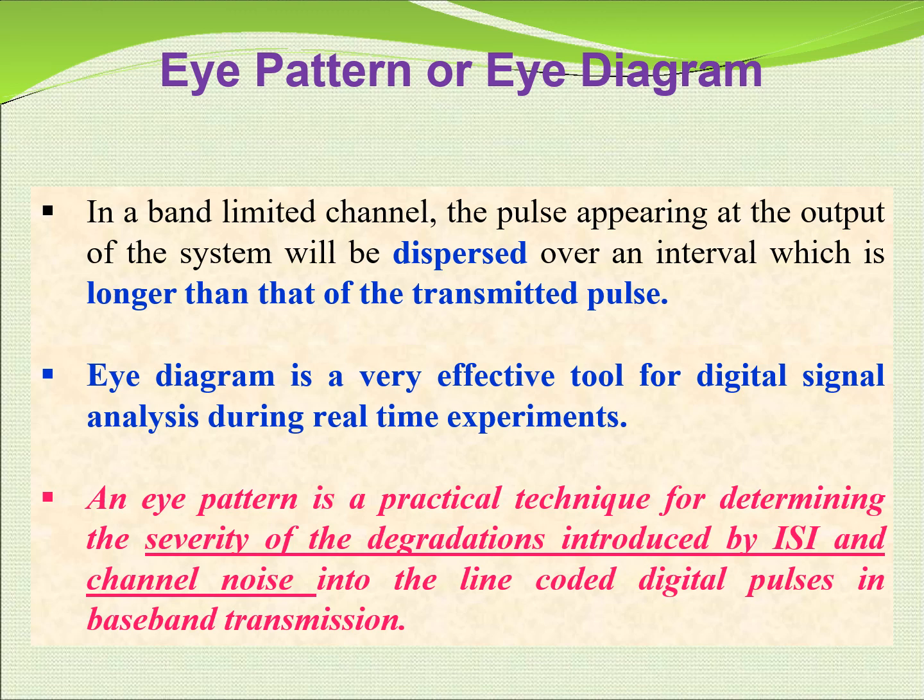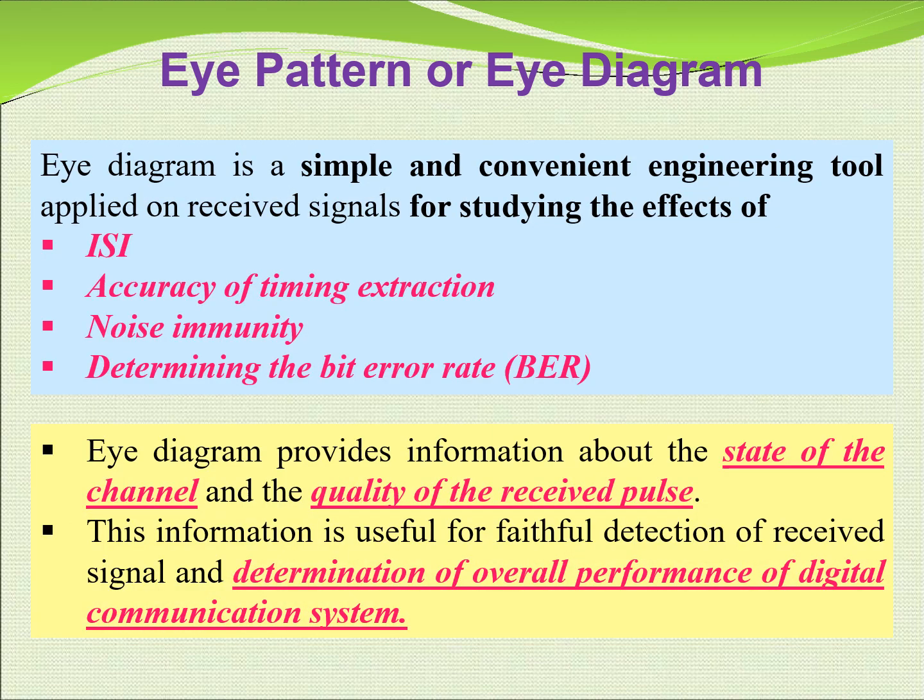An eye pattern is a practical technique for determining the severity of the degradations introduced by ISI and channel noise into the line-coded digital pulses in baseband transmission. That is, the eye pattern is a simple and convenient engineering tool applied on received signals for studying the effects of ISI, accuracy of timing extraction, noise immunity, and determining the bit error rate.